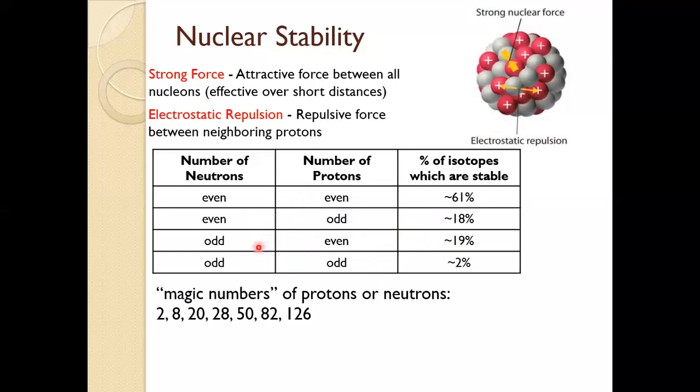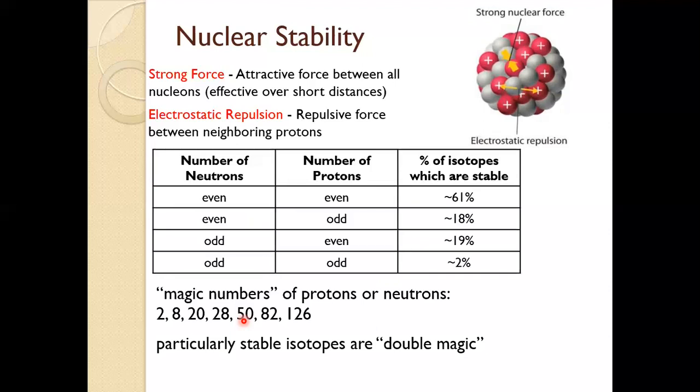We can also learn that there are so-called magic numbers of protons or neutrons. This is akin to our octet rule for understanding chemical reactivity, that atoms will gain, lose, or share electrons, most in order to have exactly 8 valence electrons. With nuclear chemistry, these special magic numbers of either protons or neutrons render that particular nucleus especially stable.